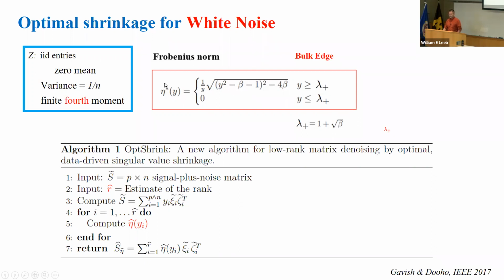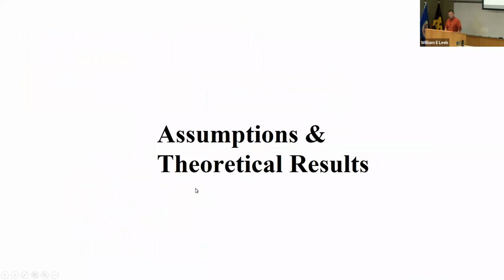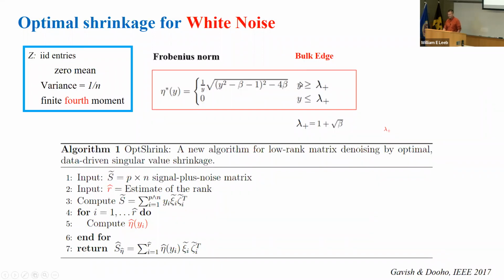So under white noise, everything is deterministic. You can have a deterministic calculation of the optimal shrinker, and the rank can be determined by how many eigenvalues of the biased matrix are bigger than the bulk edge, and how many are smaller than the bulk edge.